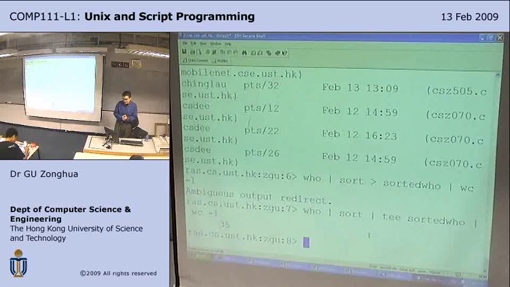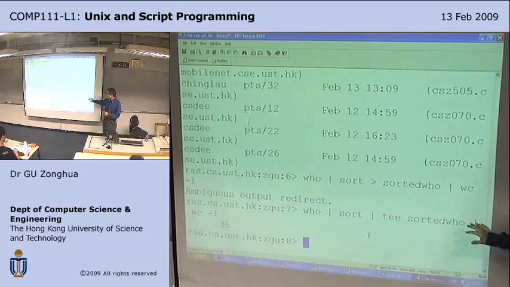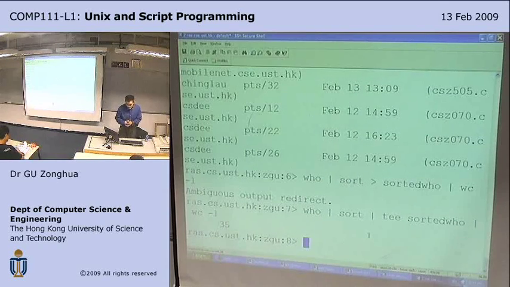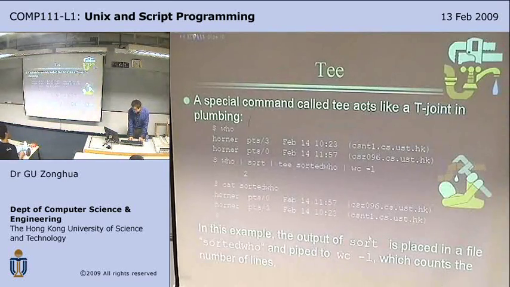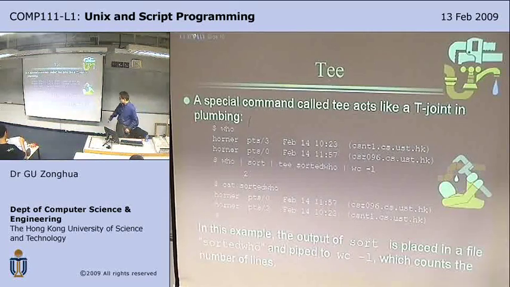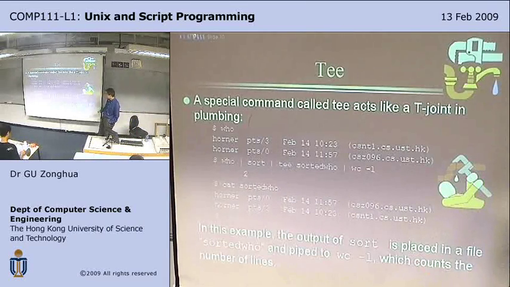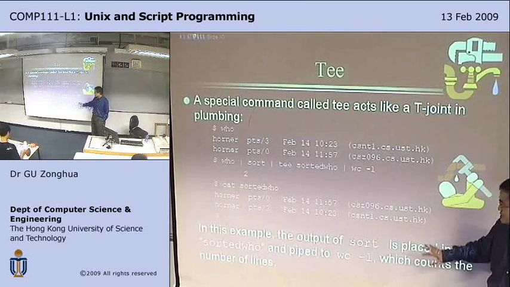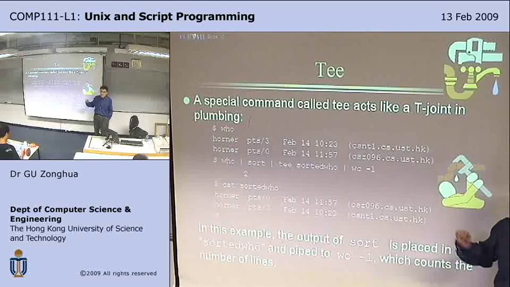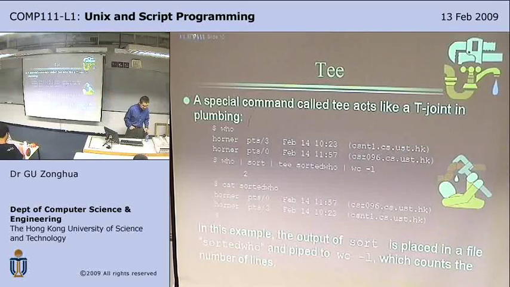So that's the use of tee. It allows you to create a duplicate connection to the same stream. So the output of sort is placed in the file and piped to wc -l, which counts the number of lines, which cannot be accomplished without tee. Okay, see you next time.